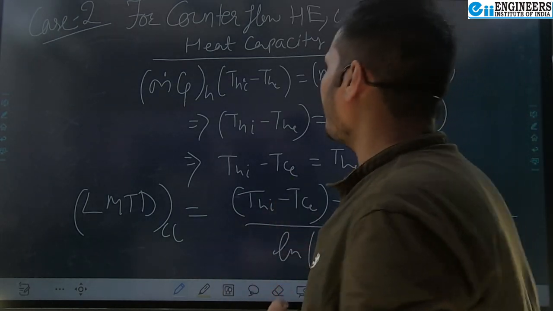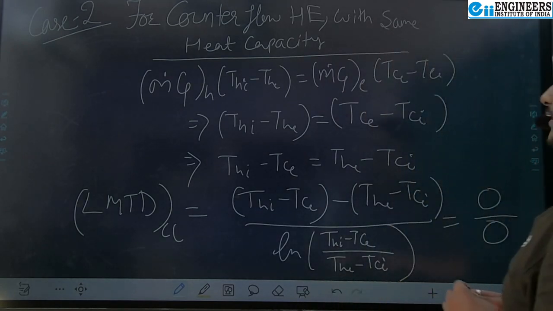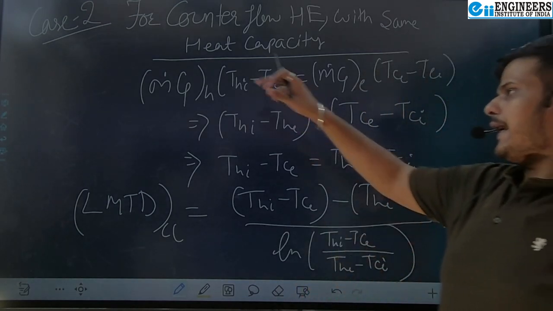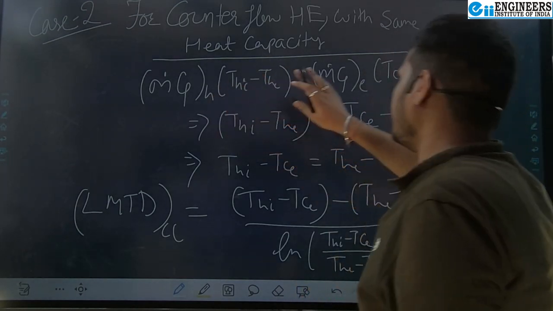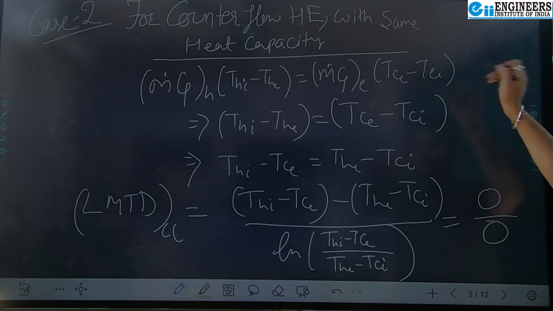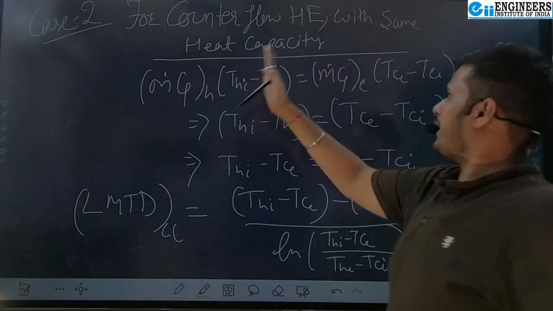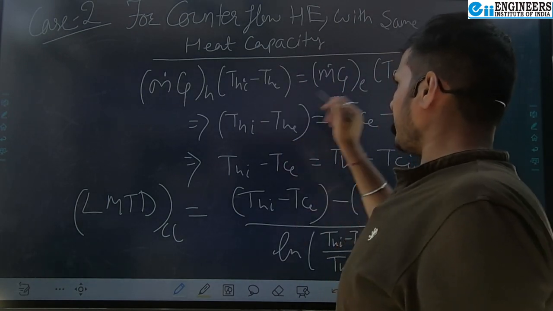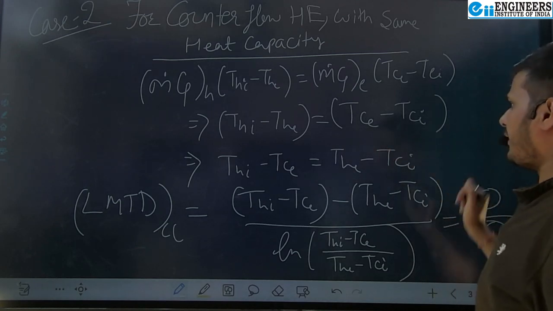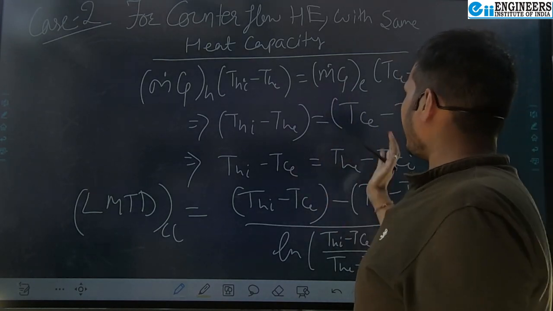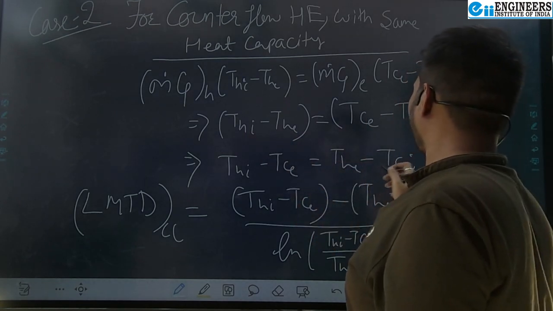If we analyze the energy balance equation between the hot fluid and cold fluid, we can write MCPH (THI minus THE) equals MCPC (TCE minus TCI). Here MCPH and MCPC are same, we will just cancel it out, then THI minus THE is equal to TCE minus TCI. So we can take it aside that THI minus TCE is equal to THE minus TCI.